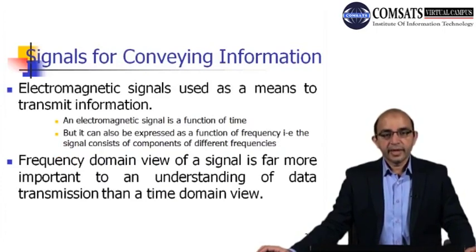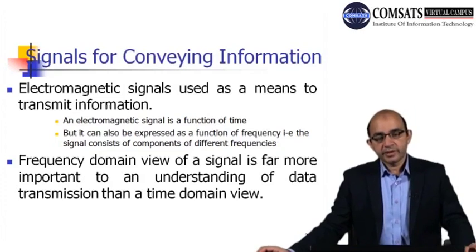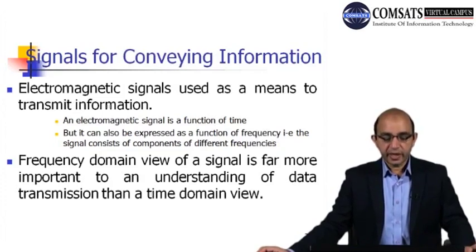Signals, as everybody knows, are used for conveying information. Electromagnetic signals are used as a means for transmitting information. The electromagnetic signal can be a function of time as well as a function of frequency.